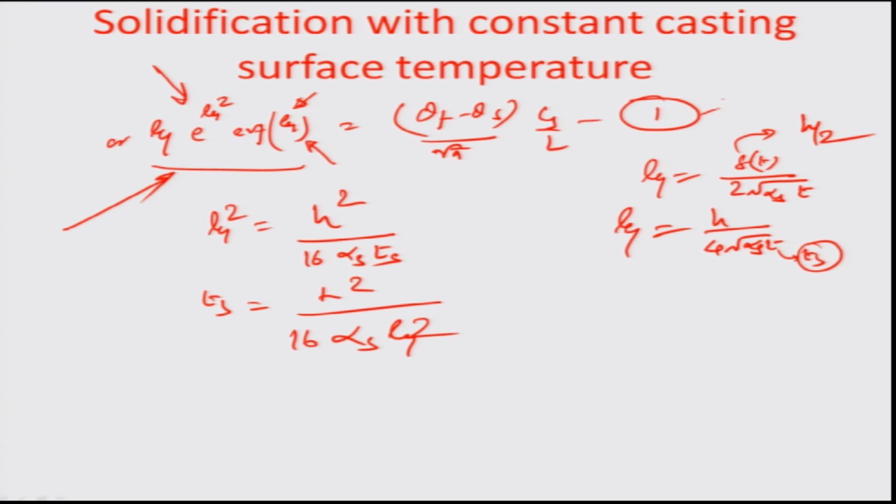And from that you can have the time of solidification as the square of h divided by 16 alpha s. Mind you, this is the thermal diffusivity of the solid part, which is Ks by rho m Cs. You had earlier seen how we had substituted it into the expression, times the square of zeta. Okay, let me just write this in a little proper manner here. Okay. So, this is times the square of zeta.